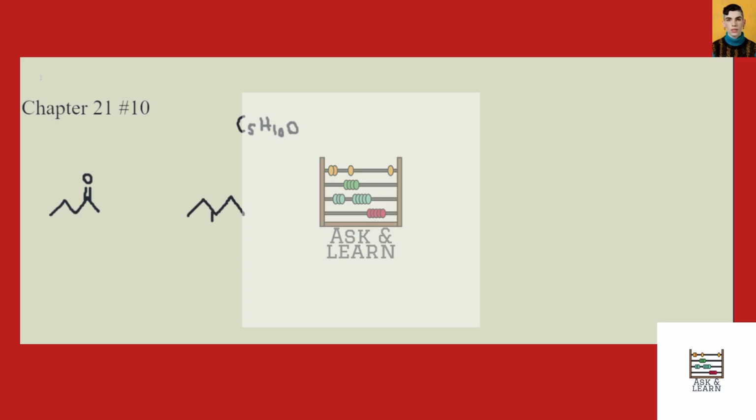The second is going to look like this. And lastly, number 3 is going to look like this. Okay, so here are our 3 constitutional isomers.